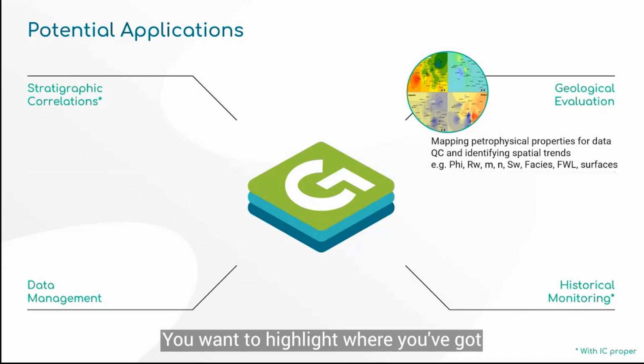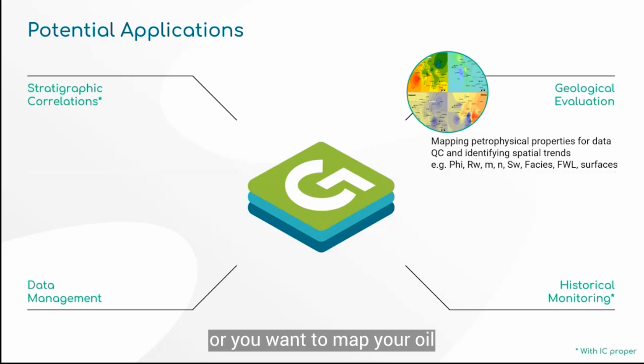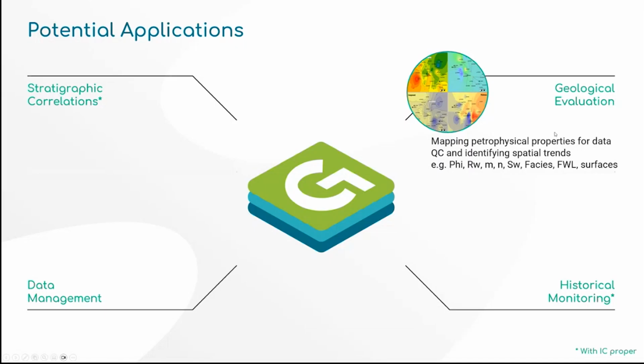You want to highlight where you've got a decent hydrocarbon column, or you have a decent thickness of reservoir, or you want to map your oil water contact or your free water level or anything like that, you can throw in and create grids, right? There's lots and lots of different kinds of grids that you can generate. It's all about what data is available, and you go from there.